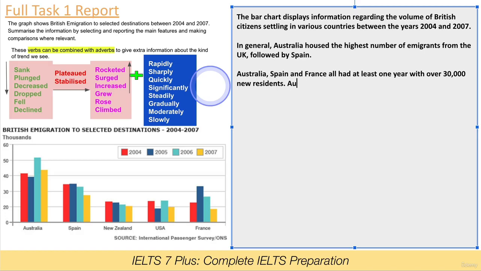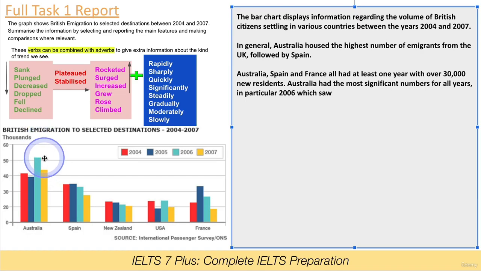Australia had the most significant numbers for all years. In particular, 2006, which saw, we've got increments of 10, so that's about maybe 52,000 arrive.